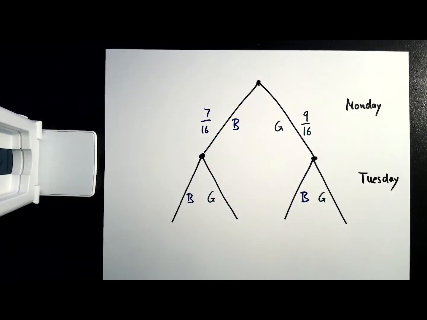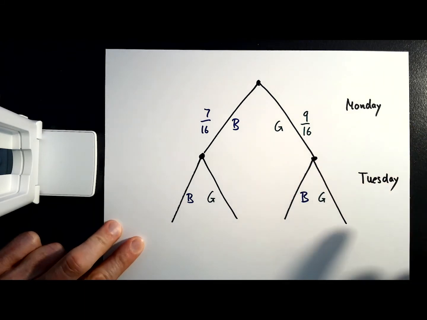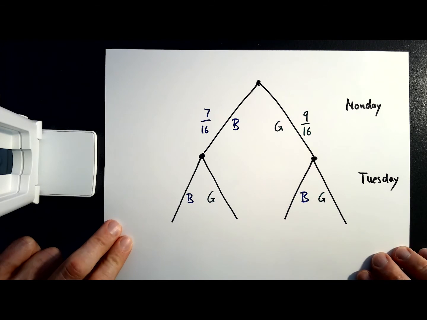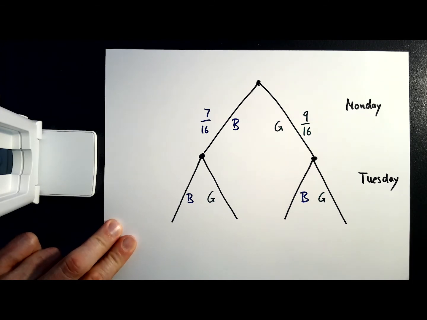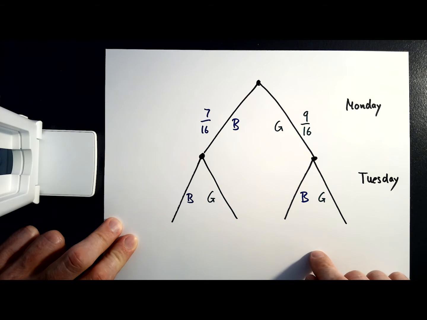Let us use a probability tree to illustrate the polo shirt problem graphically. So you have Monday and Tuesday, and you have a total of 16 polo shirts in your closet, and in the morning you get up and you grab one shirt at random in the dark, and you do not see whether you are having a blue shirt or a green shirt.